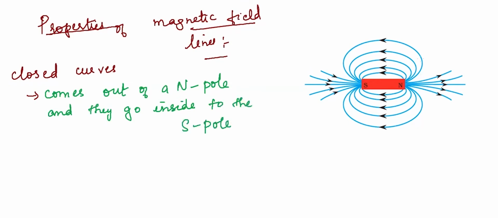That can be seen in this picture also. From this picture, we can see that they start from the North Pole and end by going into the magnet at the South Pole.